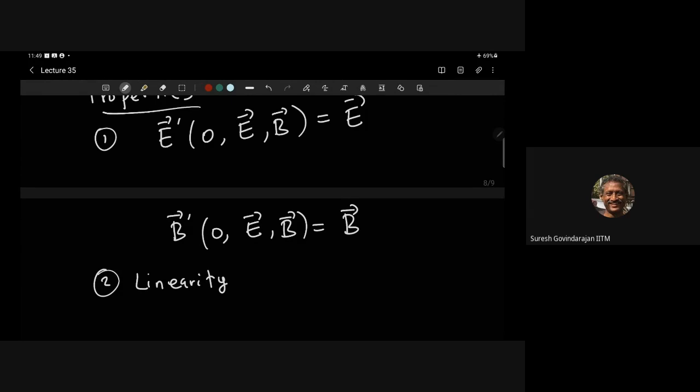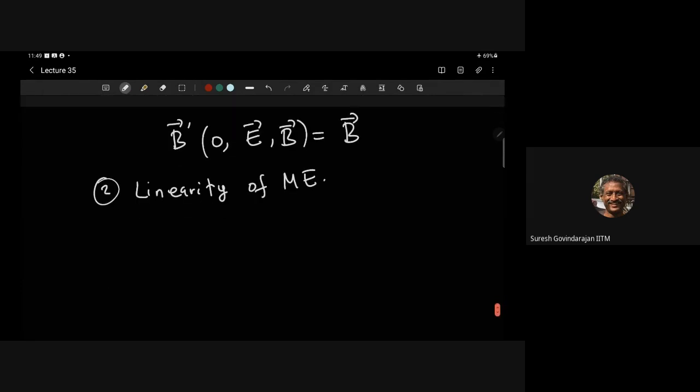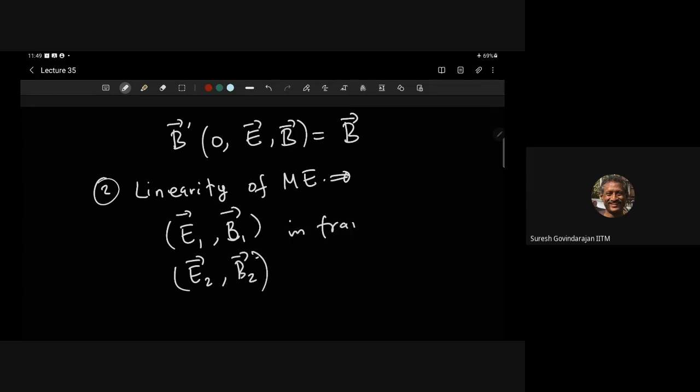of Maxwell's equations. Okay, so suppose, what implies the following. Suppose we have E1, B1, and E2, B2 in frame A. So two situations where there's electric field 1 and magnetic field B1 and this thing.